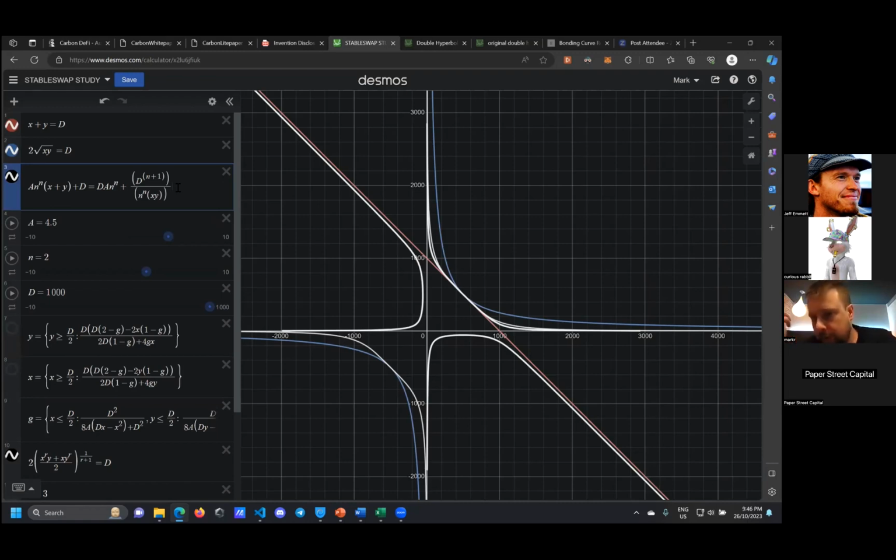Even just from an academic or scientific standpoint, I think there is more room on stablecoin curves to find things that have more attractive properties, whether it be a more numerically stable invariant, or something that has an easier price quote function or an easier swap function. There are just things that we might be able to do.